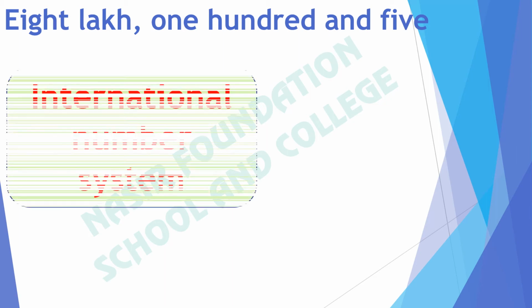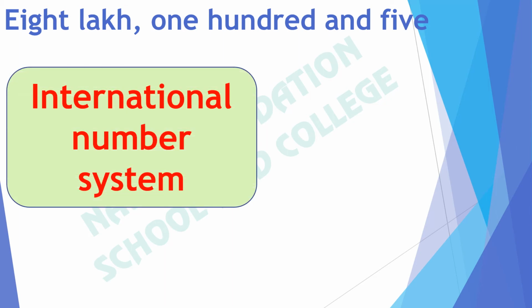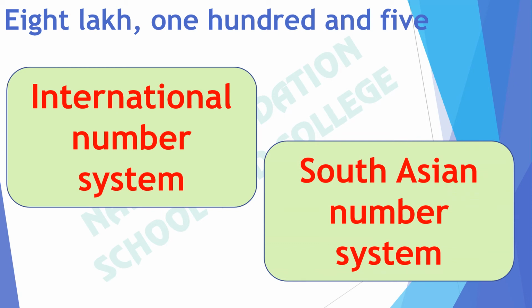8,105. Is it in international number system or South Asian number system? Think about it. There are 8 lakhs. It is not in international number system because there are lakhs. It means the number is in South Asian number system.